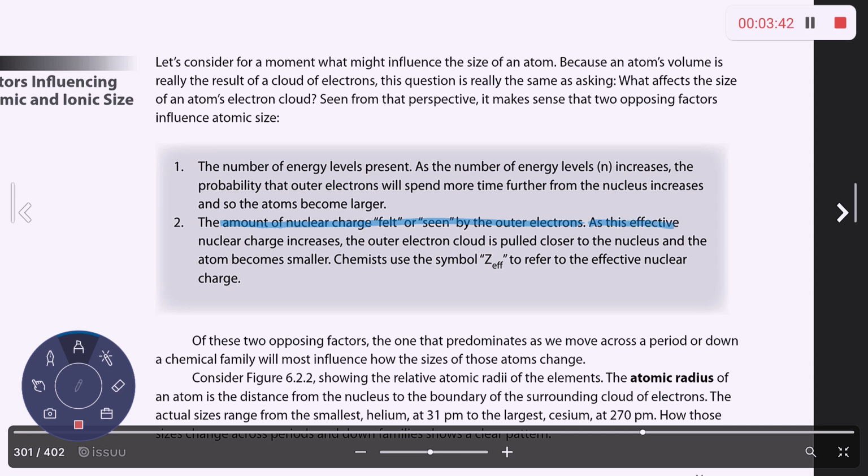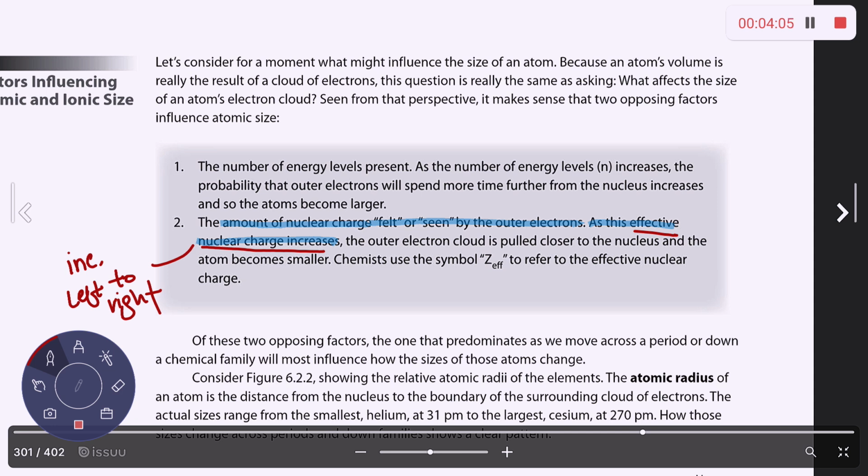This is called the effective nuclear charge. The effective nuclear charge will increase left to right across a period. That's because I'm adding more and more protons.